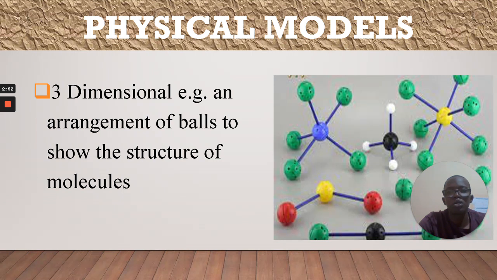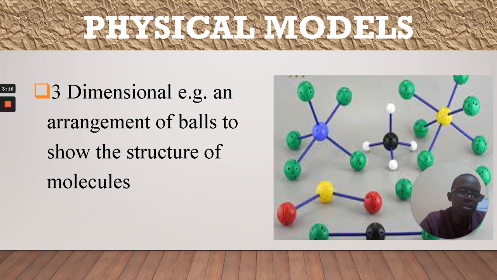So the number one type of model is the physical model. These types of models are simply three-dimensional. By three-dimensional, you may understand it to mean anything that has height, width, and breadth.